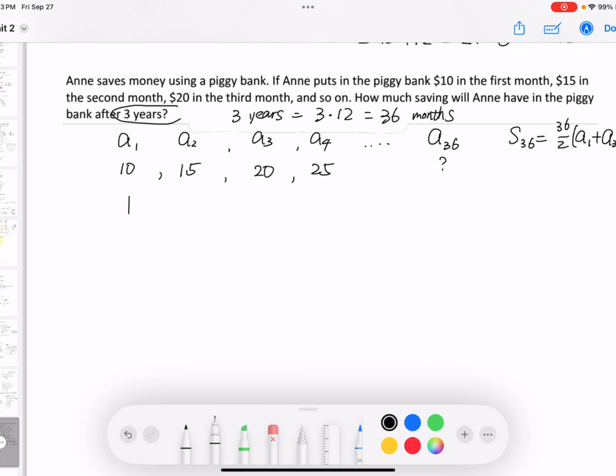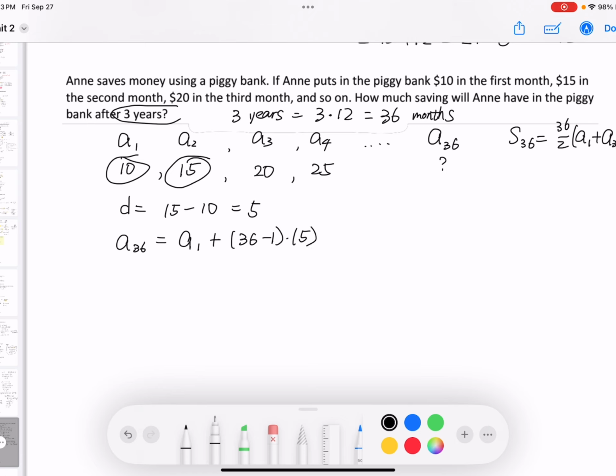Common difference D is equal to any term minus its previous term. So if I pick these two, I'm using 15 minus 10, which is equal to 5. Then A sub 36 is equal to A sub 1 plus 36 minus 1 multiplied by 5.